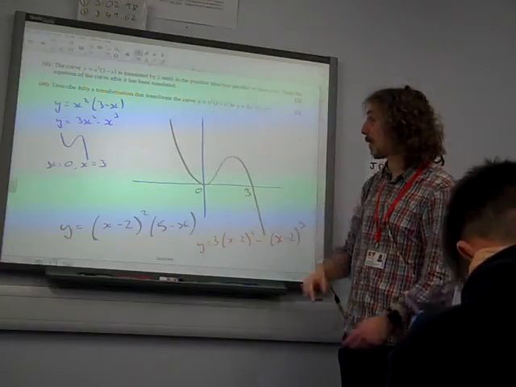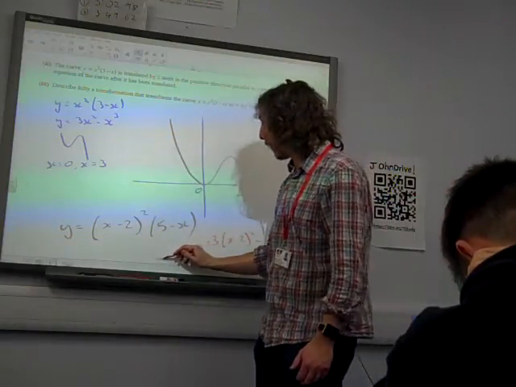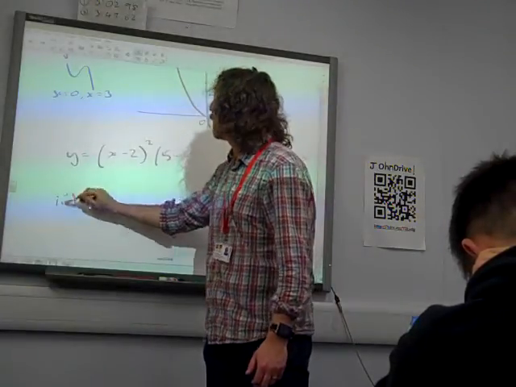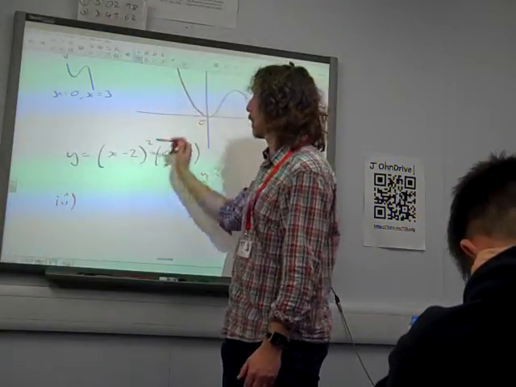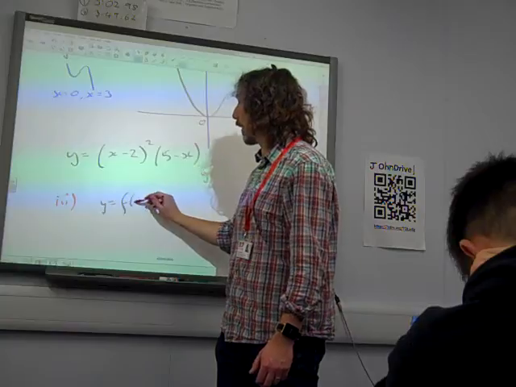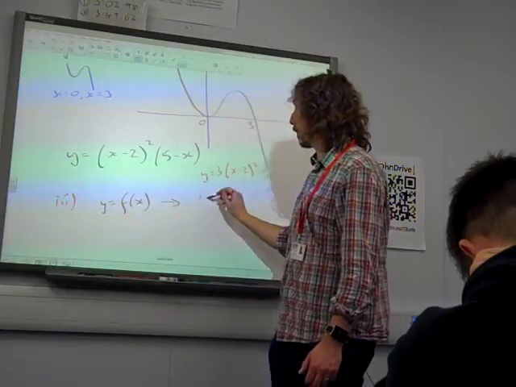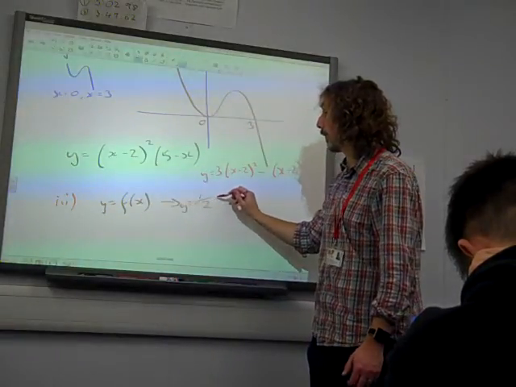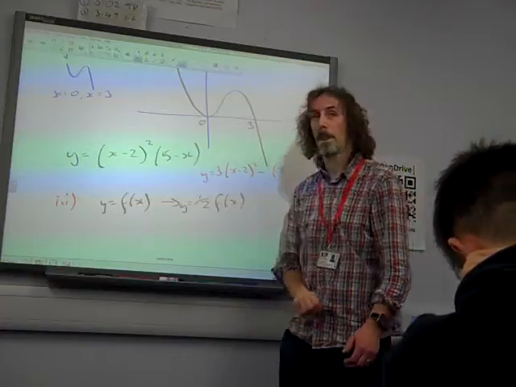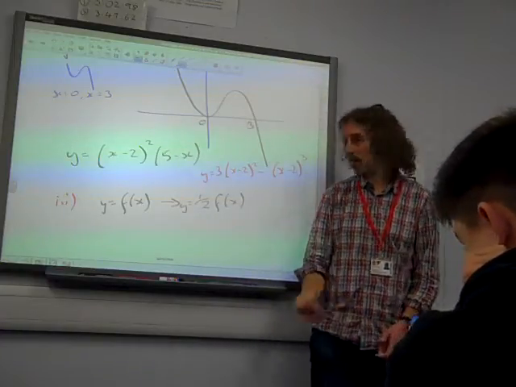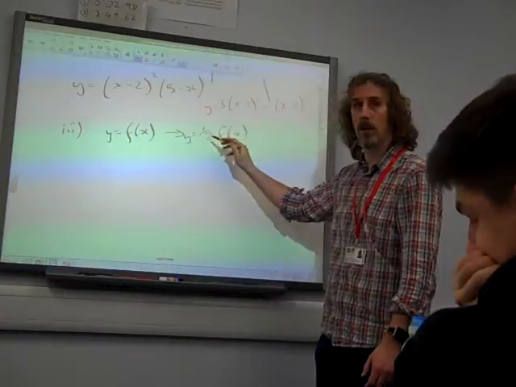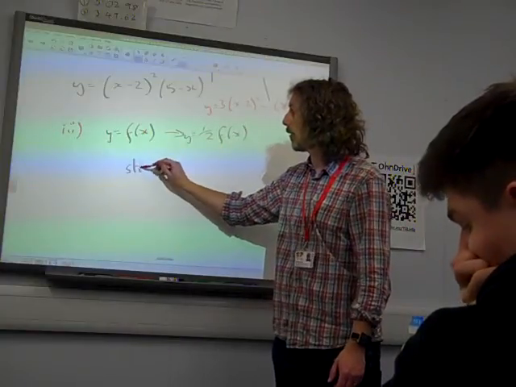It's what you've done if you've taken the original graph, f of x, and multiplied it so it becomes a half f of x. Now, that kind of transformation is a stretch.